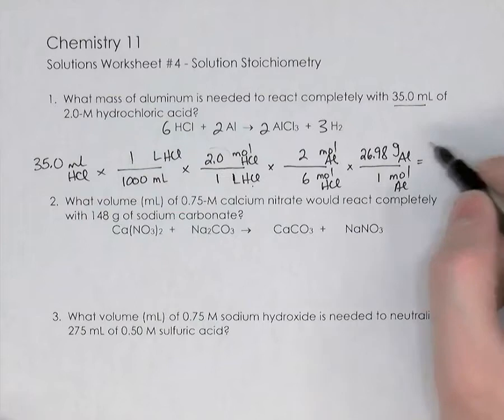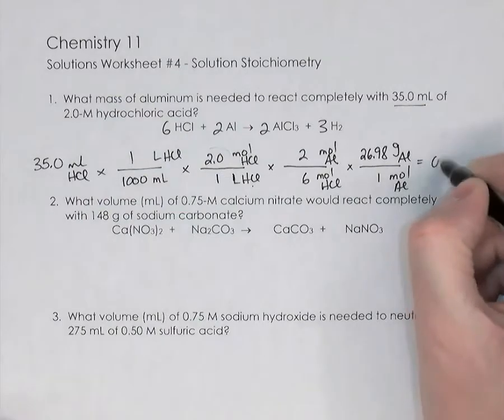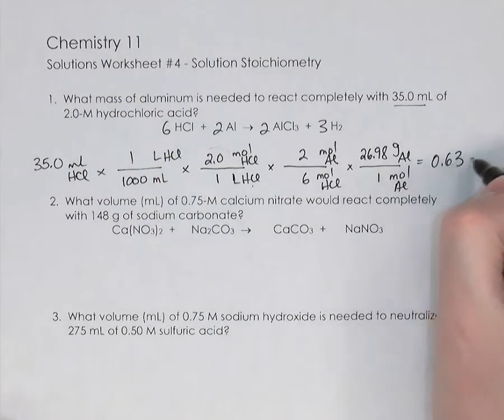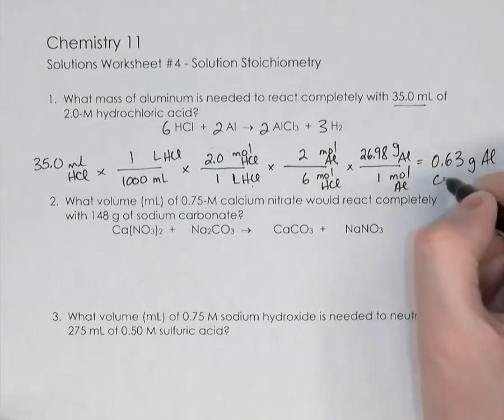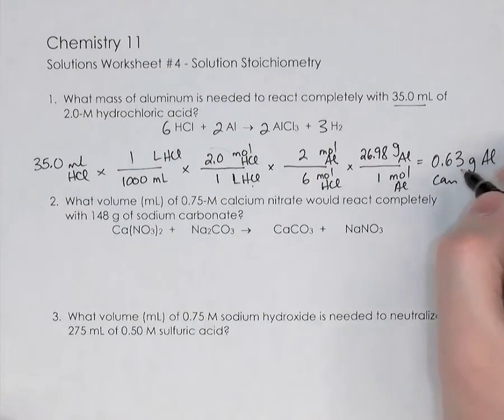So doing this on a calculator, you'll see the final answer is 0.63 grams of aluminum is needed, I guess. That's a good phrase. Is needed to react with our acid. Okay, so that 35 mL of hydrochloric acid would dissolve 0.63 grams of aluminum metal.